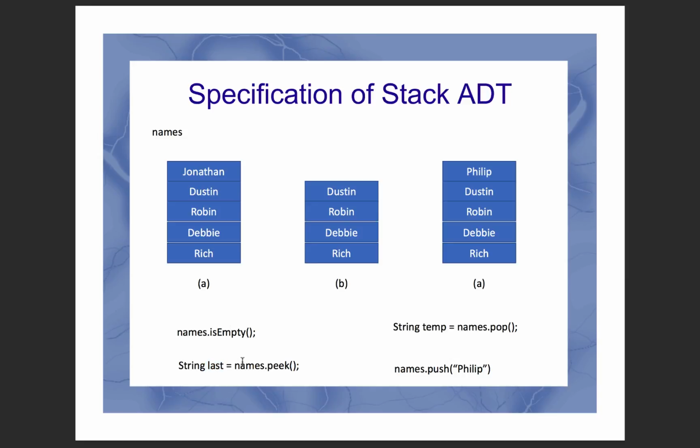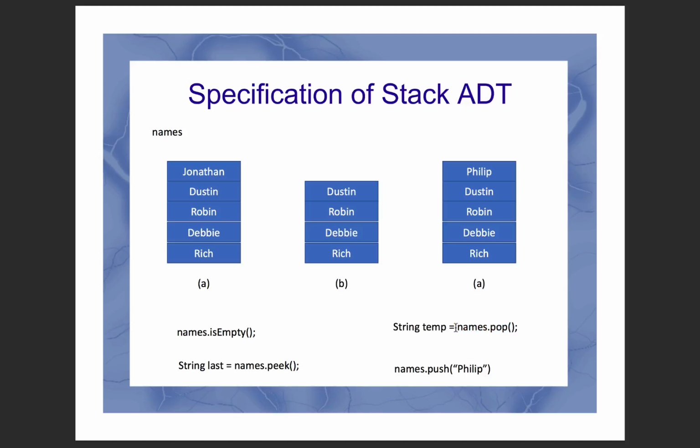Then if you go to the third method, names.pop, the pop method says that you should remove the top element of the stack. Jonathan is the top element of the stack. Now if you call names.pop, it should remove the top element, and before removing it, it returns the top element.